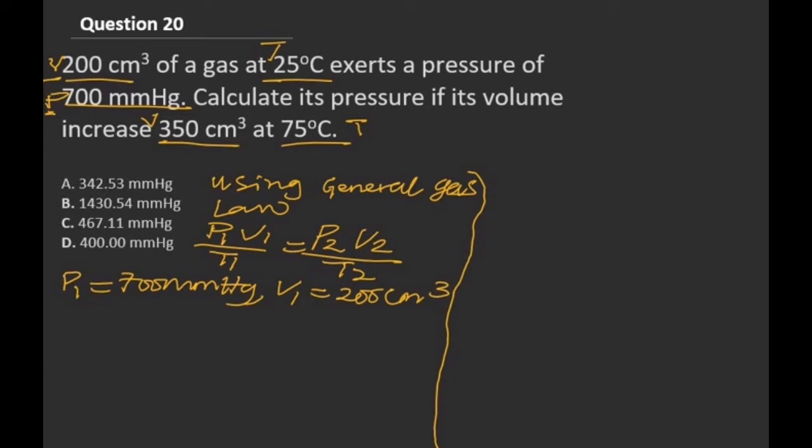Our T1 is 25 degrees C. We are going to convert it from Celsius to Kelvin by adding 273, which gives us 298 Kelvin.